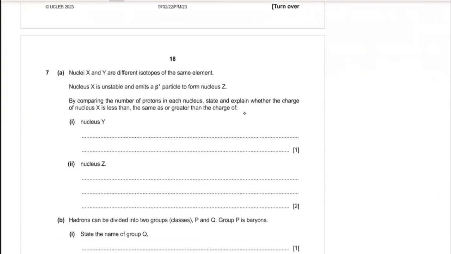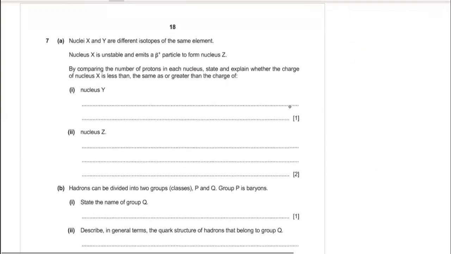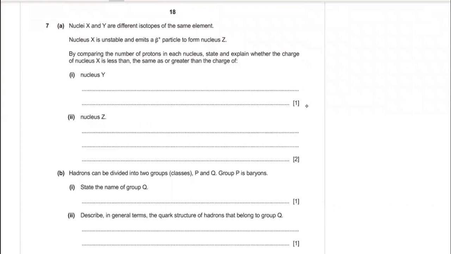Okay. So the last one, number 7. Part A, nuclei X and Y are different isotopes of the same element. Different isotopes means they have different numbers of neutrons.